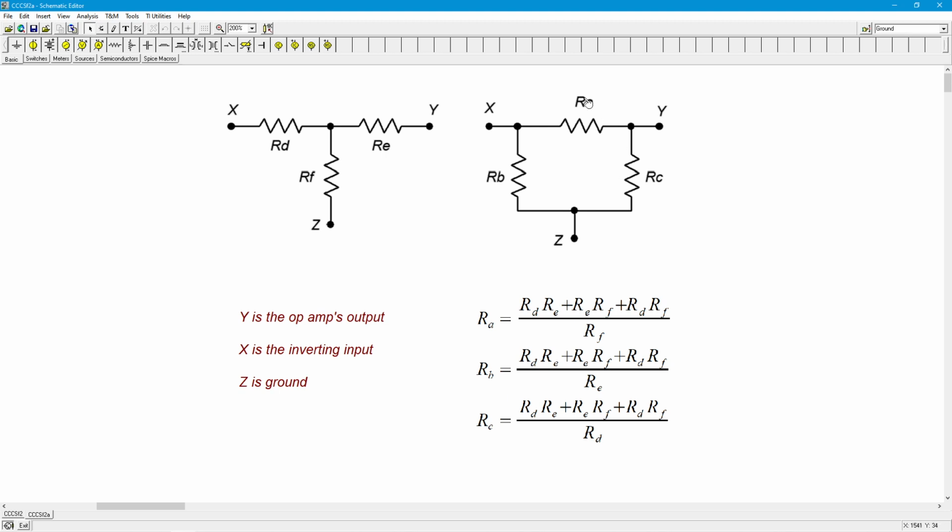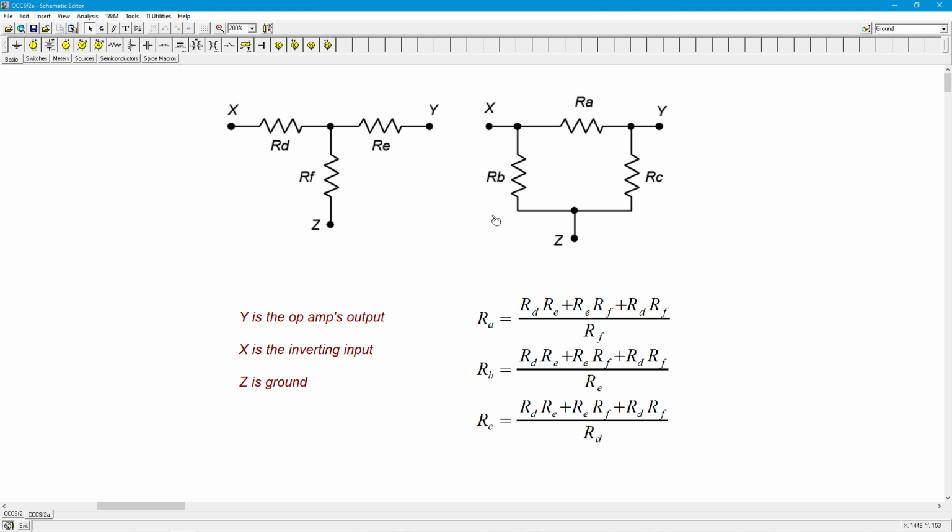What you really need is the RA and the RB. The RA is in the RF position for a non-inverting amplifier, and RB is in the RI position of that same amplifier. So you would figure out the RA and the RB, and then take their ratio plus 1. That's your noise gain.